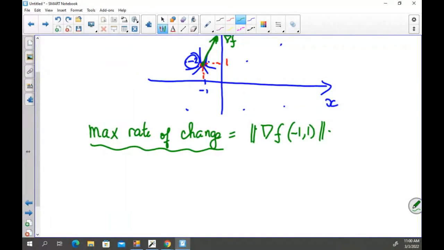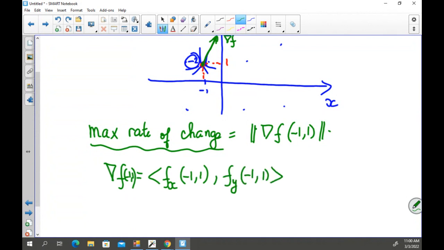So you need to find the gradient. What is the gradient? It's fx at the point -1, 1 and fy at the point -1, 1. So you need to find these two numbers, and then you find the magnitude of that vector.